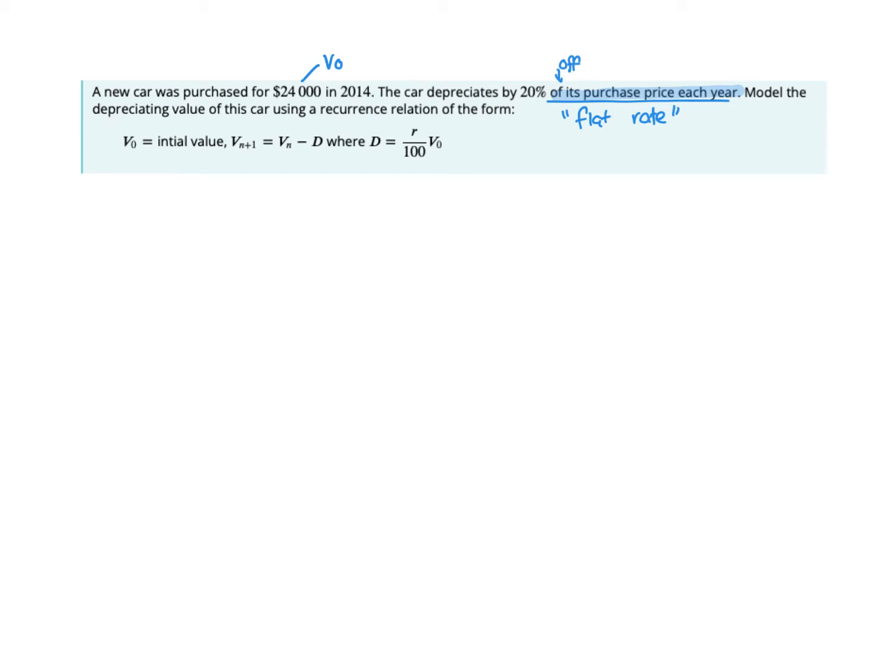And here they want you to model this scenario with a recurrence relation. Remember, a recurrence relation is where you state the initial value and then also state the rule of how you get the next term. They've been kind and put all the formula there and also how we would find D.